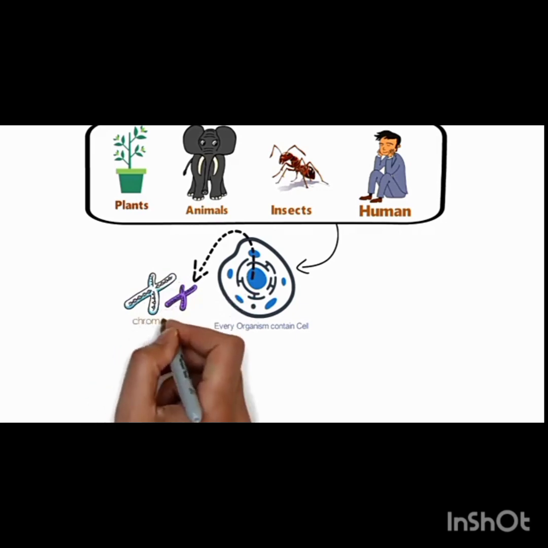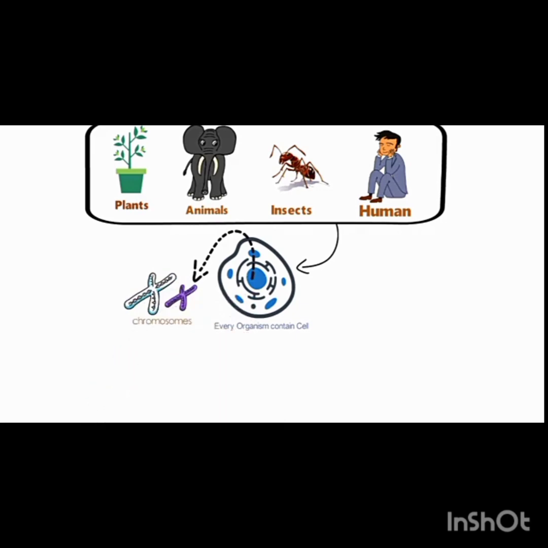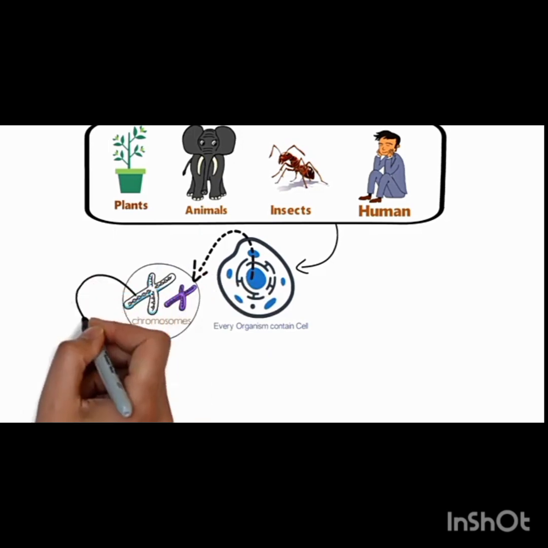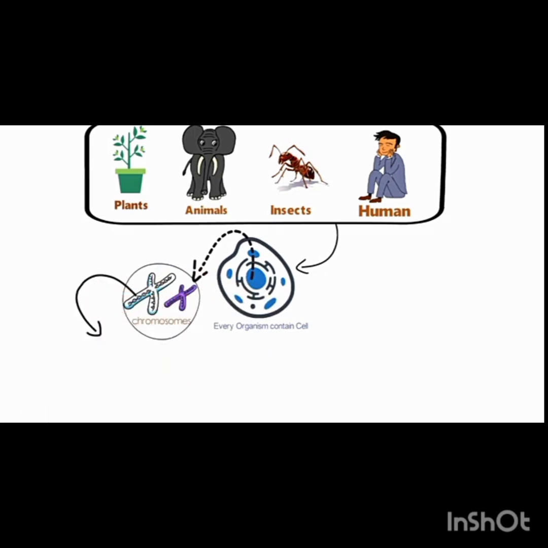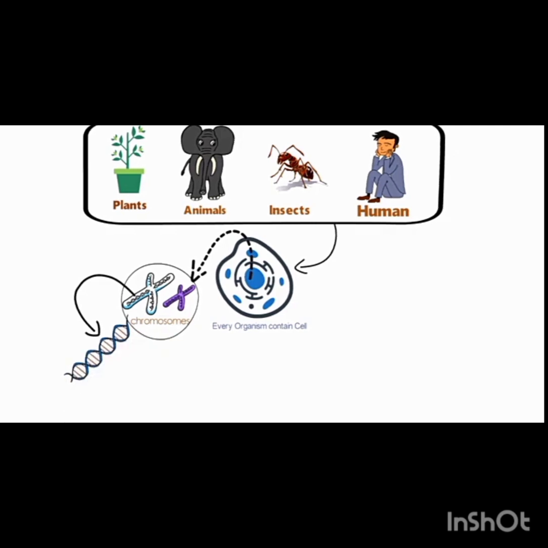If we unravel the chromosomes, or otherwise open up the chromosomes, in simple language it is like a thread-like structure which contains the chemical basis of information. This is called DNA, deoxyribonucleic acid.